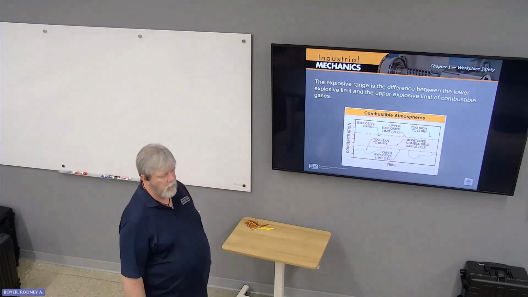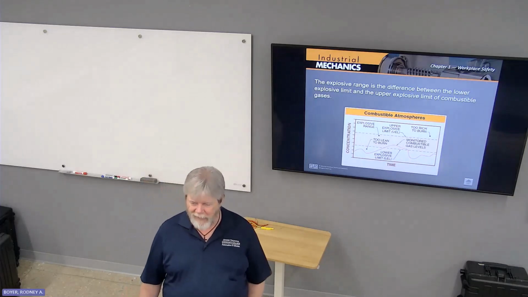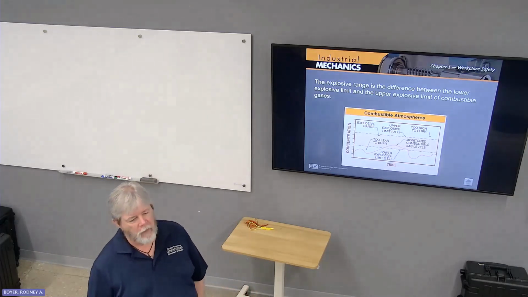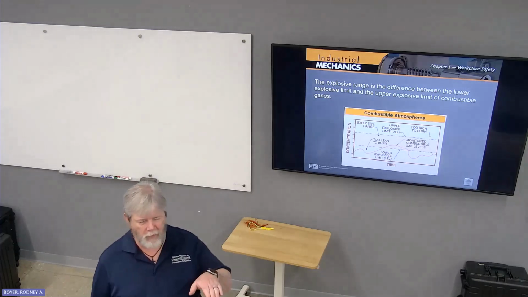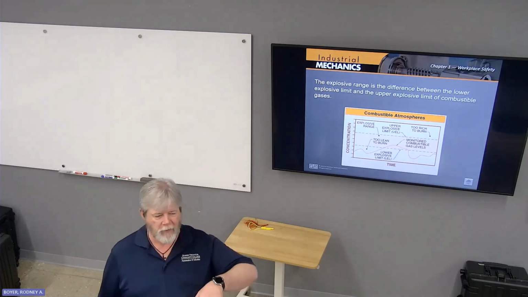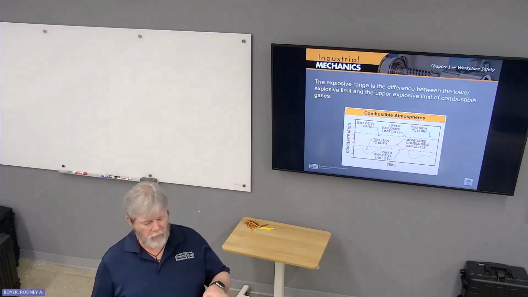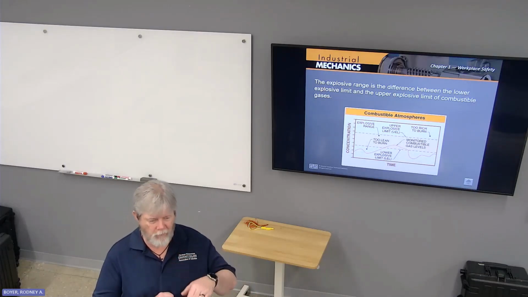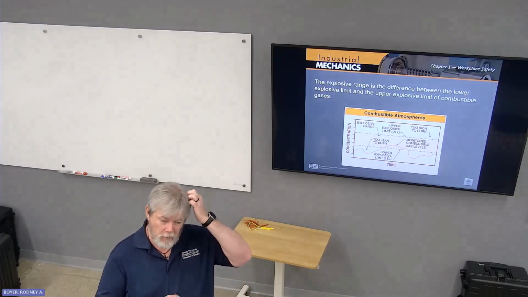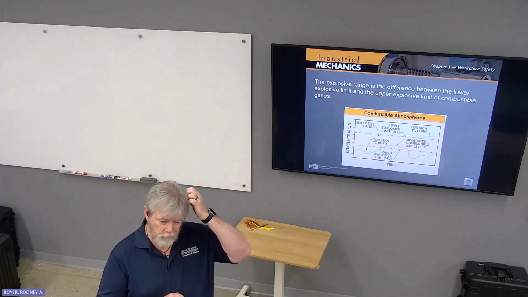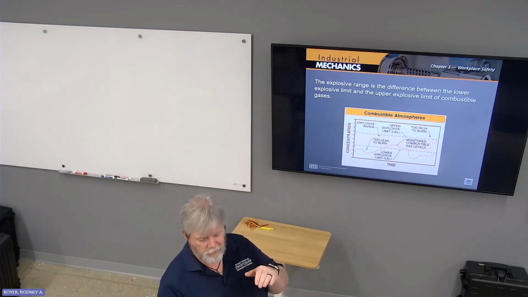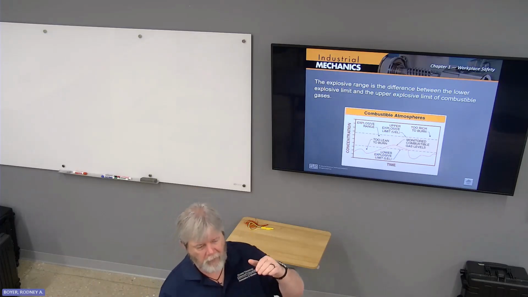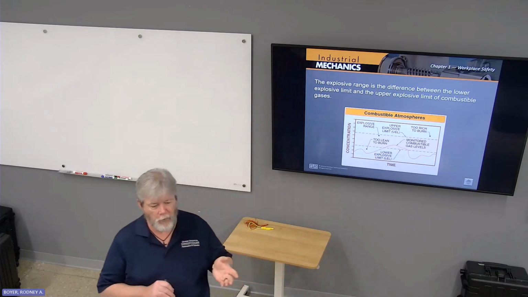Explosive range, that's what is known as stoichiometry. You have LEL and UEL. LEL is the lower explosive limit. That is the minimum concentration of whatever the explosive gas is that will support combustion. And you have the UEL, which is the upper explosive limit. Anything above that is too rich to burn.